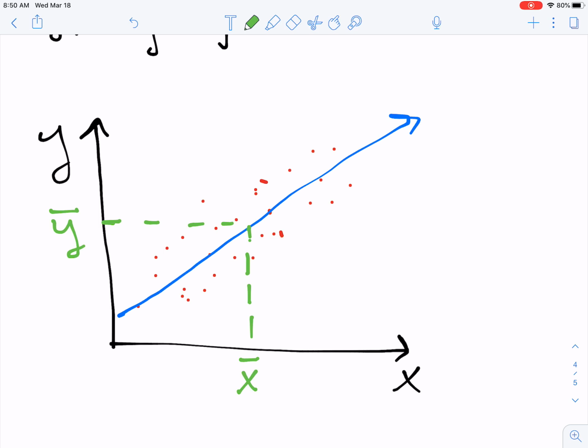Notice that that point is not necessarily in the data. You could have a sample average where the sample average for x is not actually the same as any point in the data. In fact, that will usually happen. Same with y bar. But that point, x bar, y bar, is always on your graph, and that's going to help us think about confidence intervals.